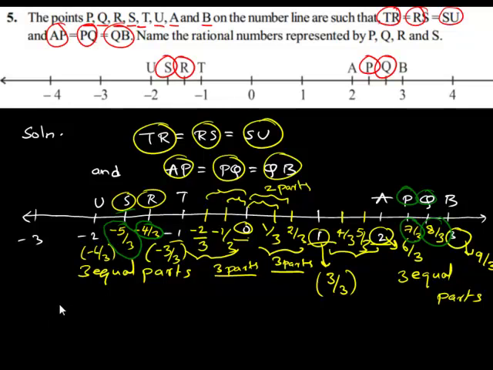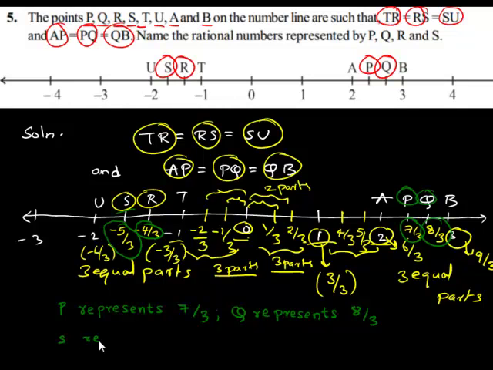Therefore, we can say that P represents 7 upon 3 and Q represents 8 upon 3.